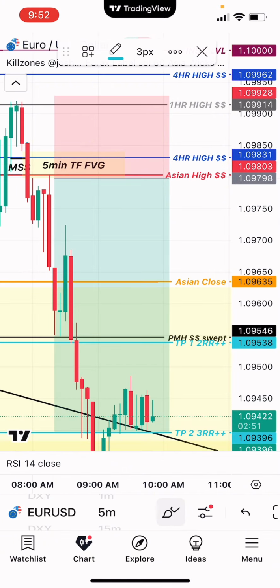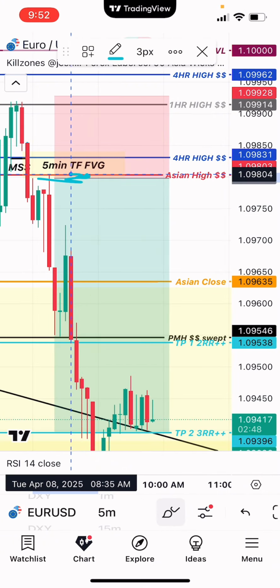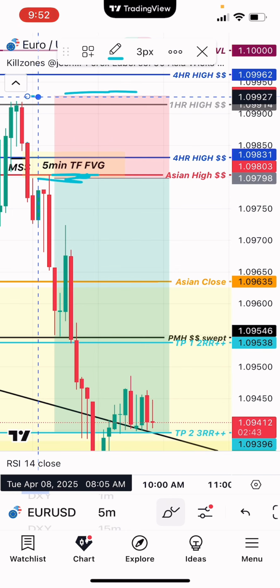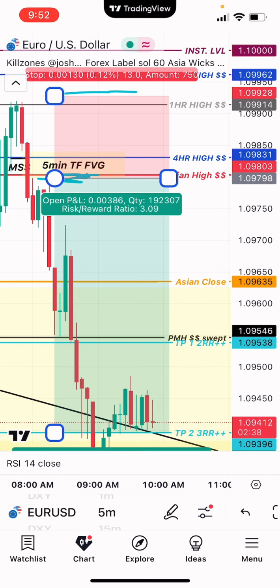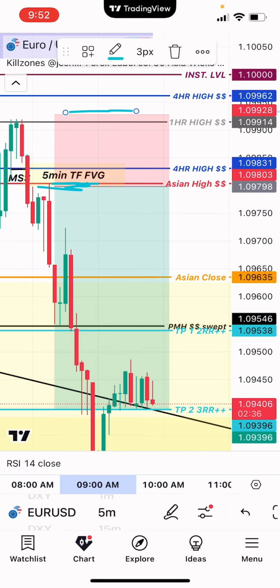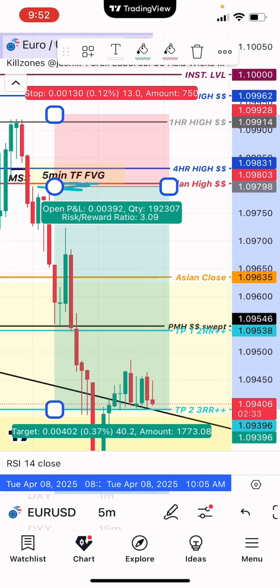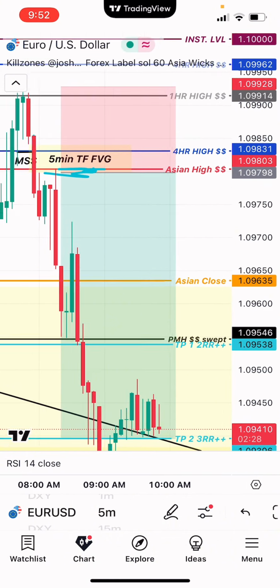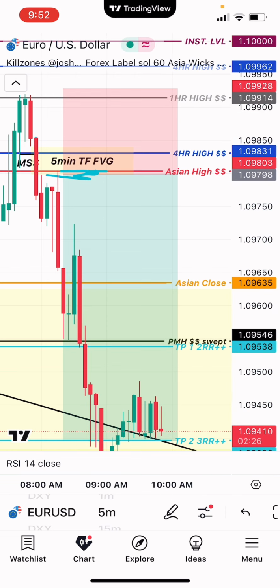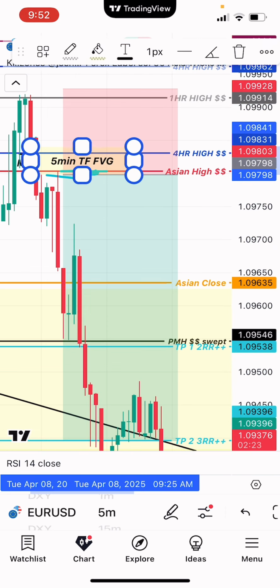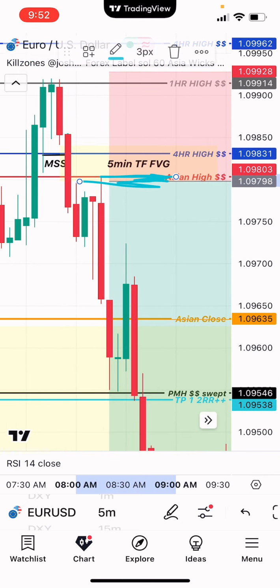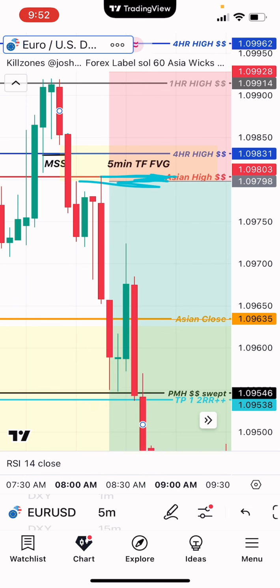My entry was at the fair value gap, this place, and my invalidation point was this high, but I normally add 1 pip to the initial stop loss, making the stop loss 13.0 pips. So this trade was a 3.09 risk to reward trade. You guys know that my risk to reward model is 3RR. Anything apart from 3RR, I don't normally take it.